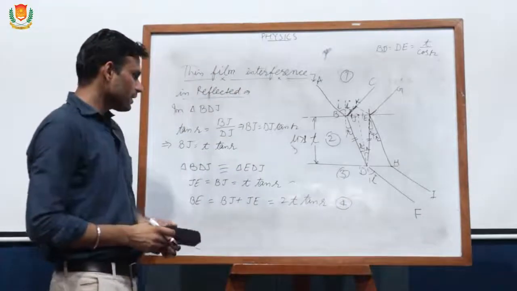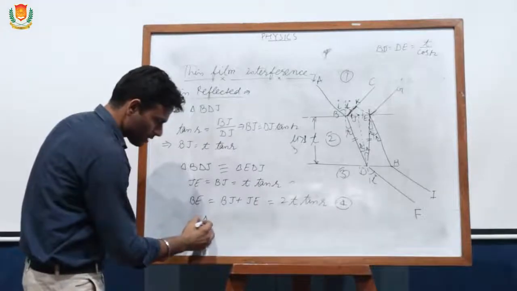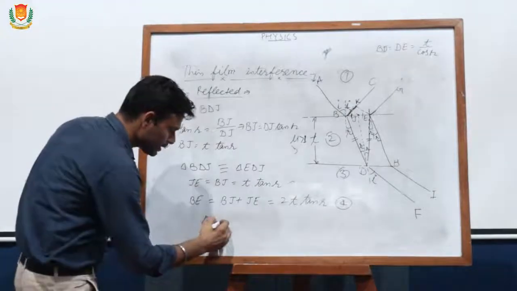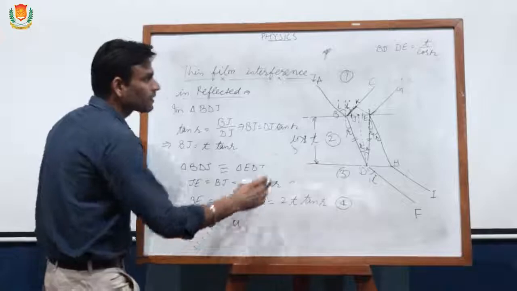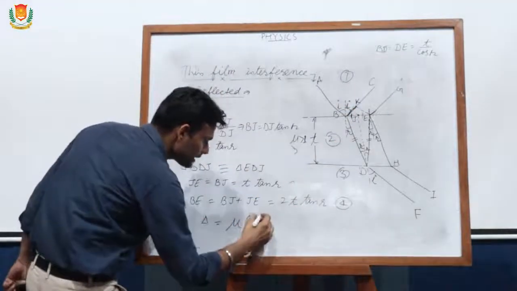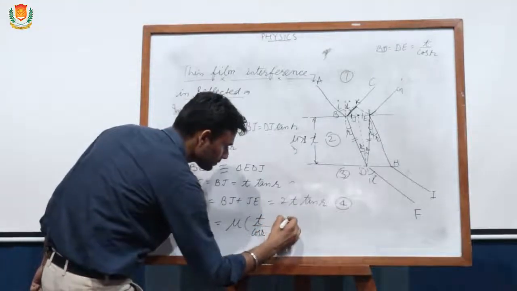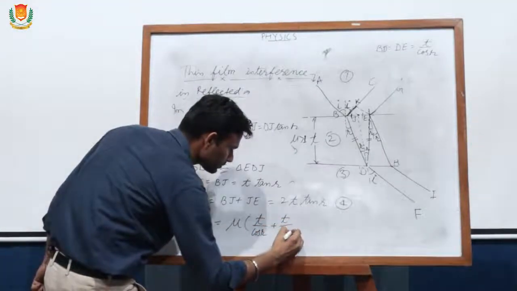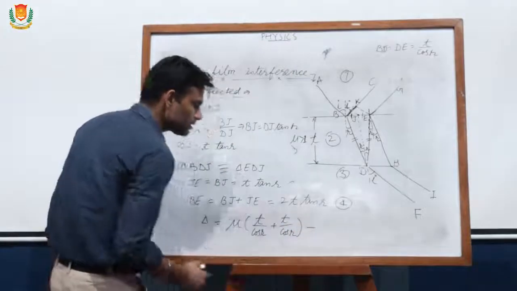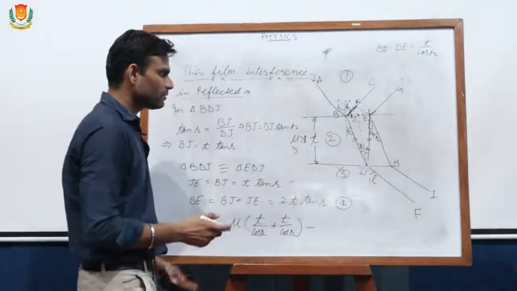So from equations 1, 2, 3 and 4, we can have the value of delta is equal to mu times BD plus DE, T upon cos R plus T upon cos R, minus BK. BK is still unknown.